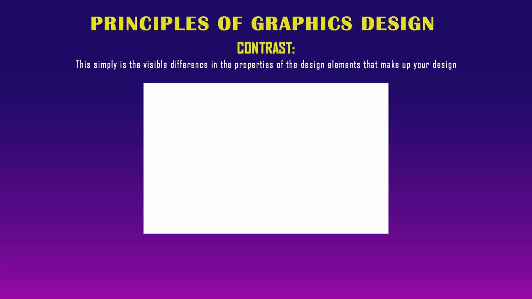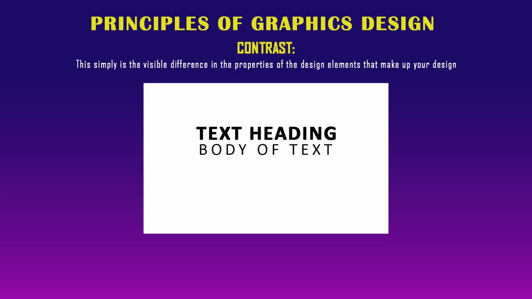Another example of contrast is making the heading of text significantly bigger than the body of text. Now, going back to complementary color schemes. Complementary color schemes are ideal for making something stand out and create eye-catching elements in your design.